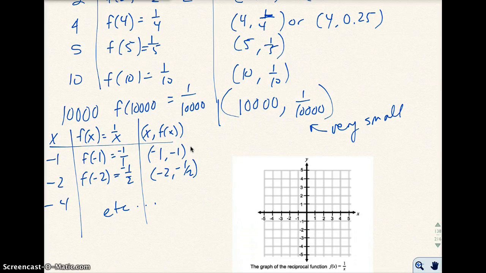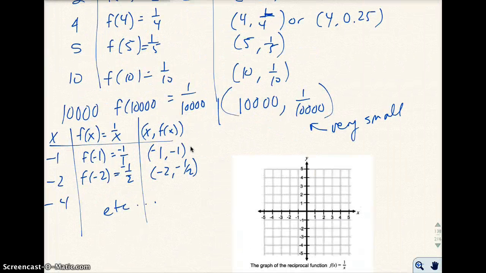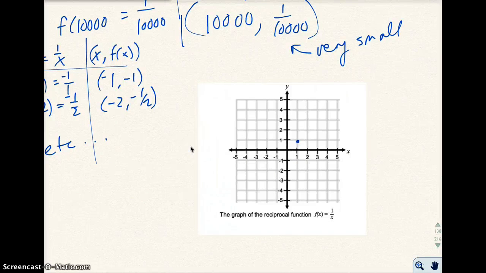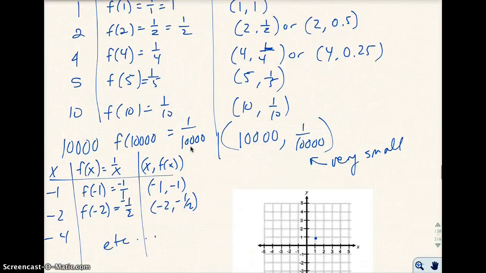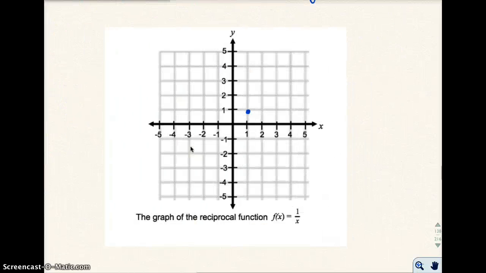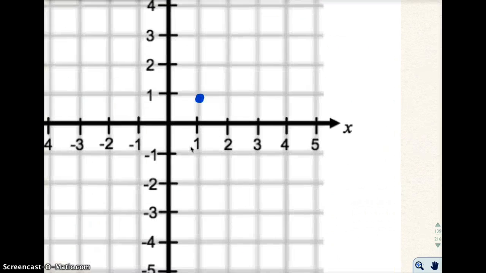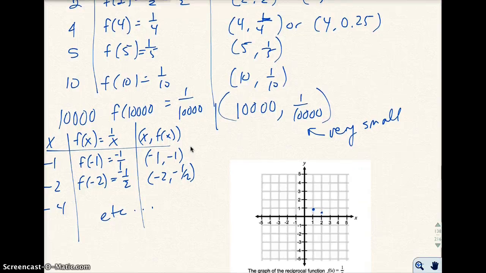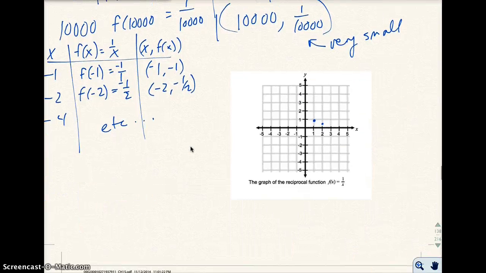Okay, let's see what we have so far. If I were to graph 1, 1, it would be right here. And I also have 2 and a half right there. And I had 5 and 1/5.